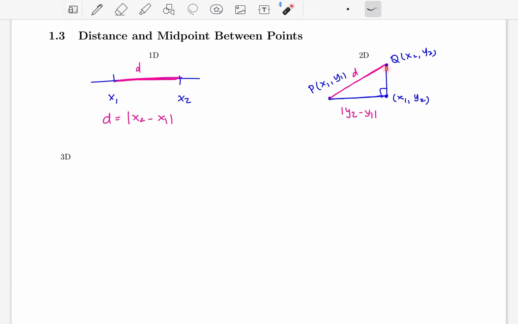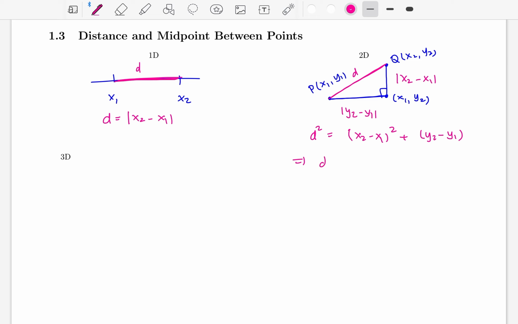And this length here will be the distance between this point and this point. The only thing changing here is x. So this would be the absolute value of x2 minus x1. Using the theorem, then we know that d squared is equal to, I'm going to get rid of the absolute values because I'm going to square it, (x2 minus x1) squared plus (y2 minus y1) squared.